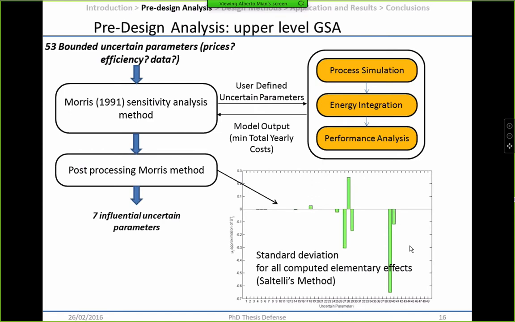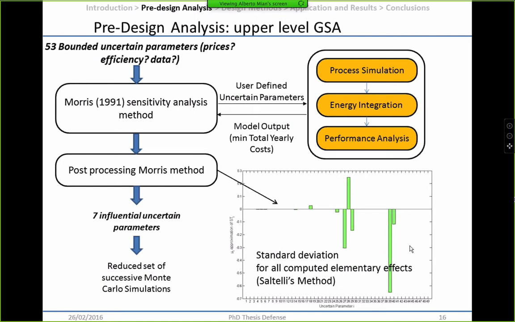So at the end of this first step, the answer of this framework was: you do not have to consider 53 uncertain parameters because it doesn't pay to have all these sources of uncertainty, but you do need to evaluate the effect of these 7 uncertain parameters. This is a first advantage, because in the second step, the number of simulations that have to be run is directly proportional to the number of influential uncertain parameters.